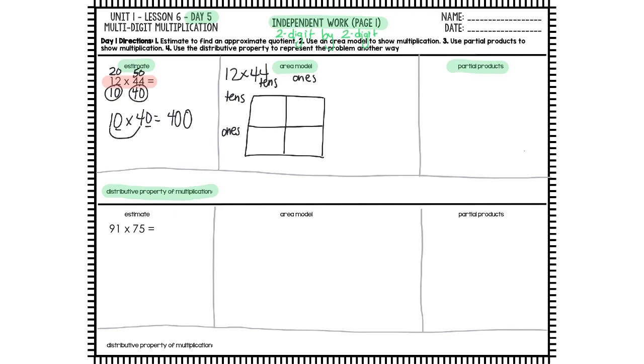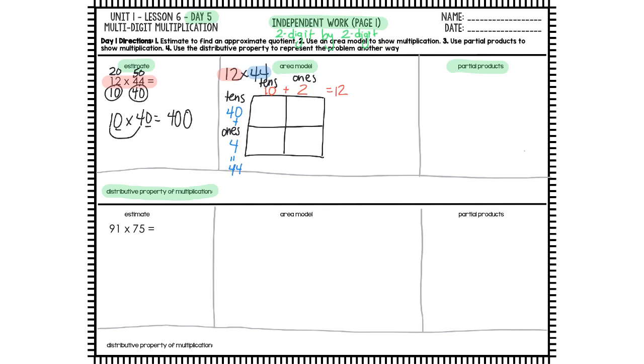So I'm going to say, all right, in my number 12, I have 10 plus 2. That equals 12. Then in my other number, 44, I have 40 plus 4. And that equals 44.